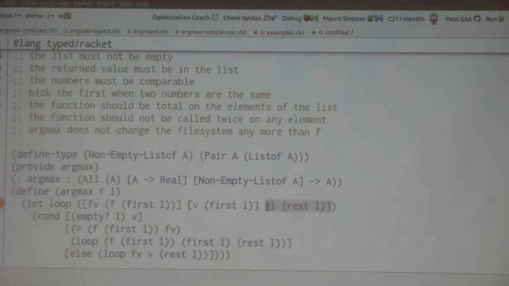In that case, we're going to forget about the old FV, forget about the old V, and remember the new thing we've got and continue processing the remainder. If it wasn't bigger, well, who cares about the element we're looking at? We're going to forget about it, continue with the things we were remembering before, and continue on our merry way. So far, so good.